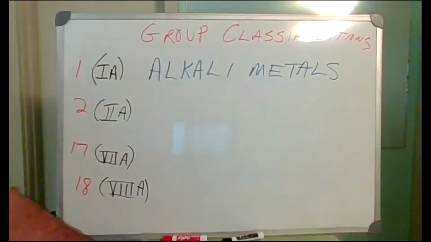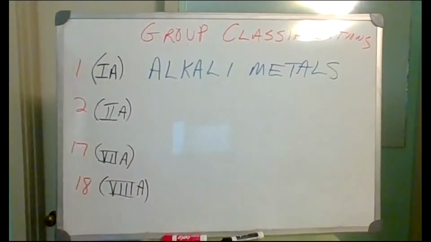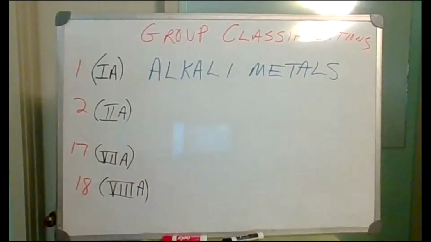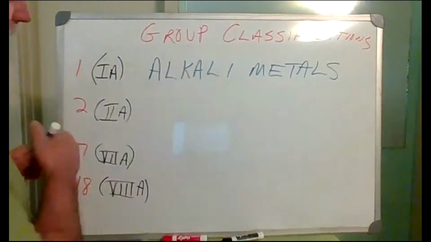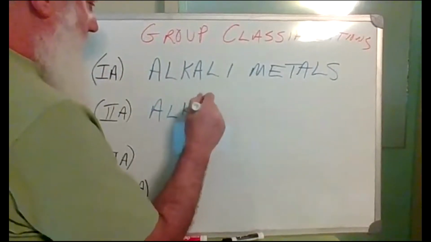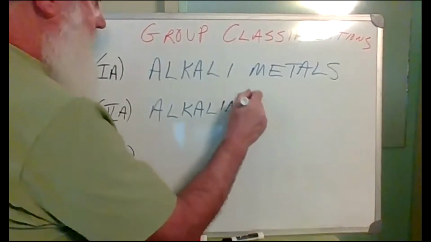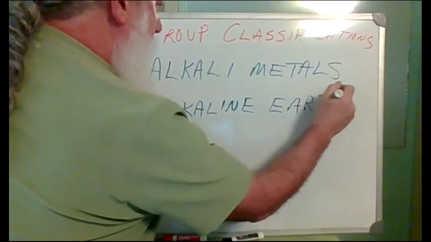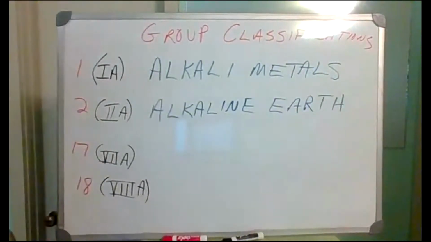Hydrogen is a gas, it's not a metal, although if you pull it down to about minus 450 degrees, it does become a metal. Group number 2 is called the alkaline earth elements. And notice that every alkaline earth is a metal element.